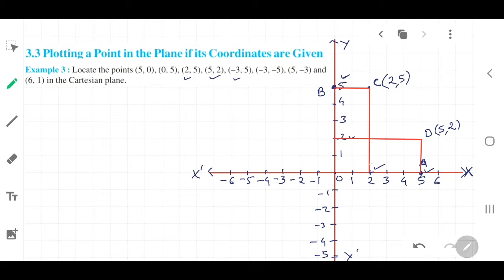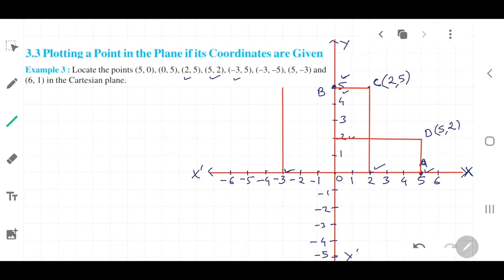So next you see minus 3 and 5. Minus 3 is for x-axis. So where is minus 3? Here is minus 3. Correct? This is minus 3. And y-axis of 5, positive 5. So here it's positive 5. So you find out the coordinates. So from minus 3 till here.